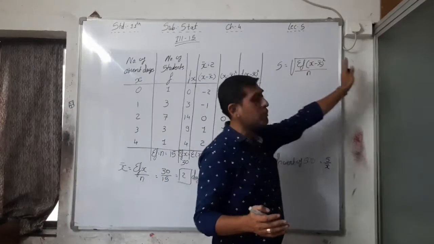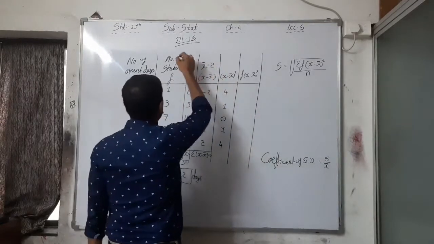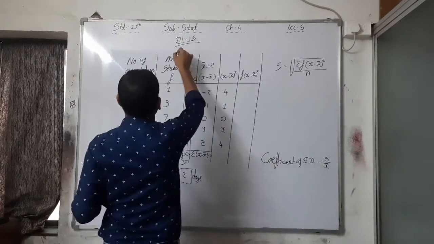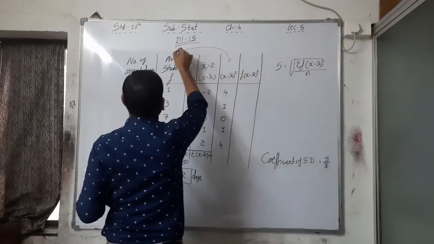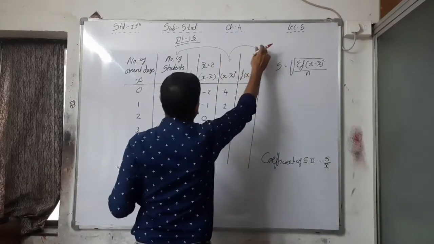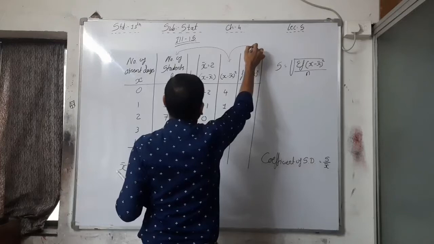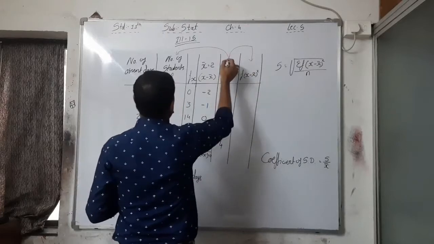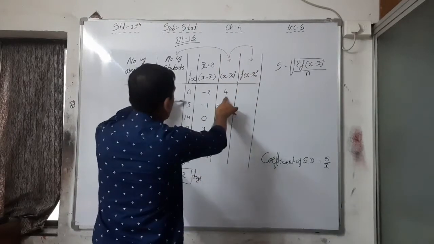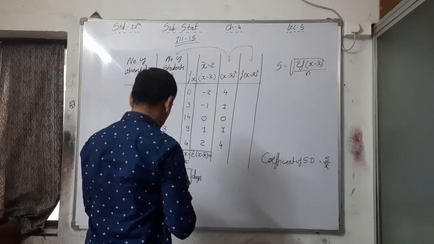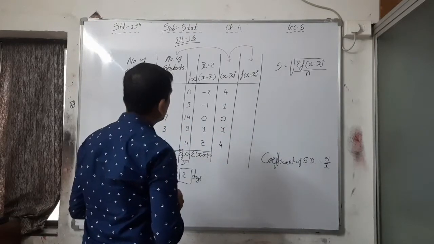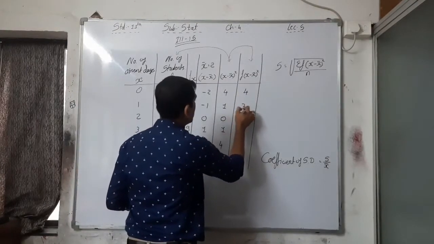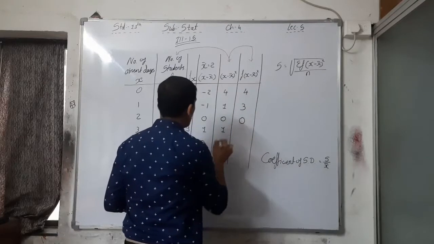Here we want f into (x minus x bar) whole square. So multiplication, this with this. You have to multiply these two. 4 ones are 4, 3 ones are 3, 7 zeros are 0.